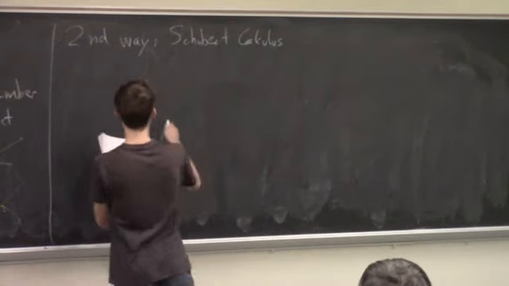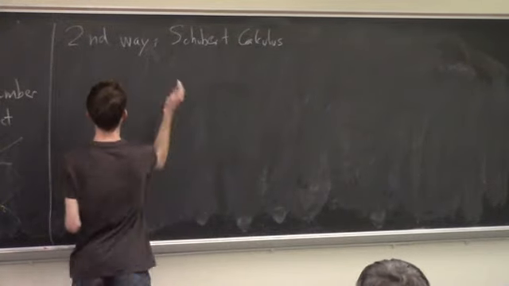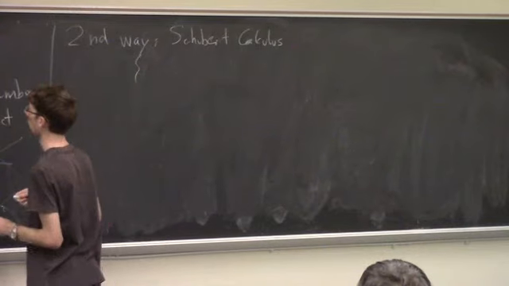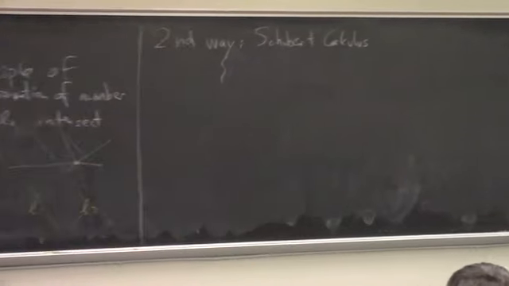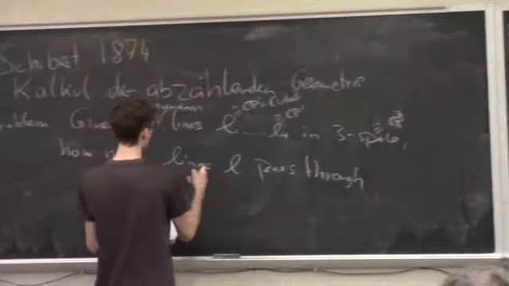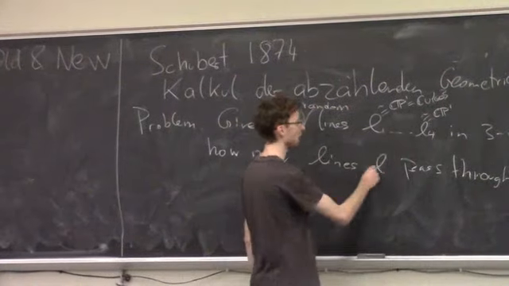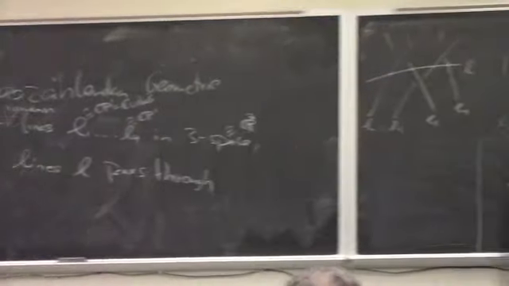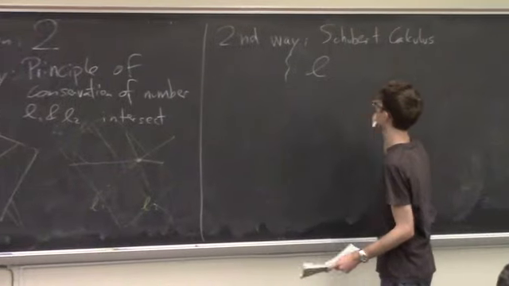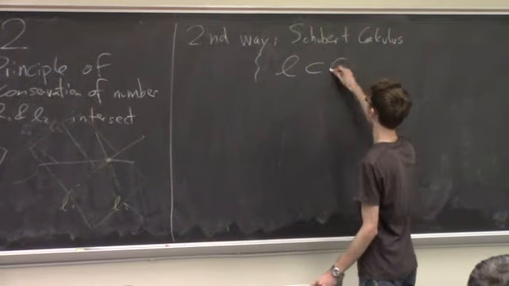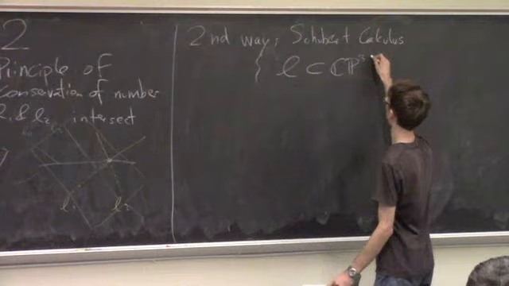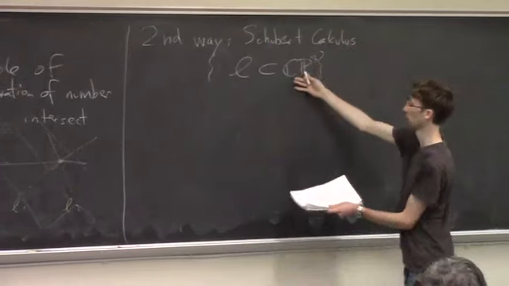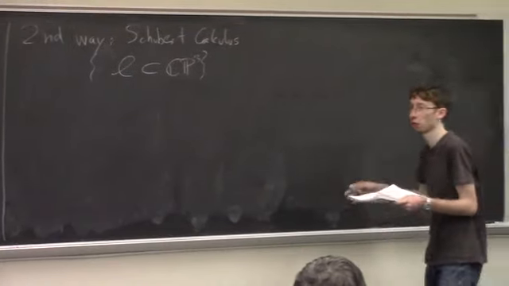But for the second way, the idea is to look at this problem systematically. So what we are trying to find are certain lines in 3-space. And so what you do is you first look at the space of all lines in 3-space. Or you can take R^3 if you prefer.